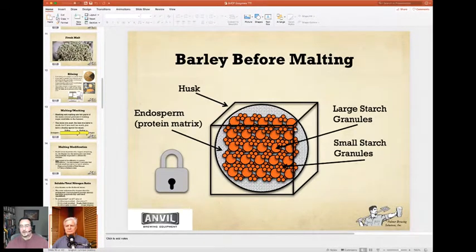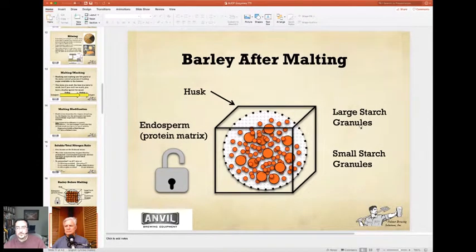When we're talking about a less modified malt, that is one that would benefit from a protein rest during mashing to finish that protein breakdown, render more of that total protein soluble, to break down that matrix a little bit further, to release those starches better. And we'll talk a little bit more about decoction, of course, when we get to the mashing section today.